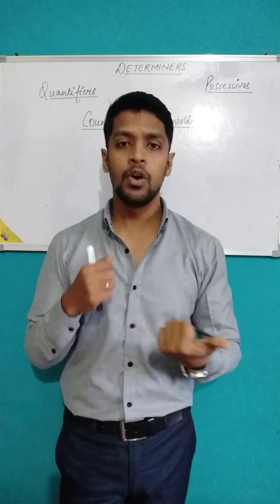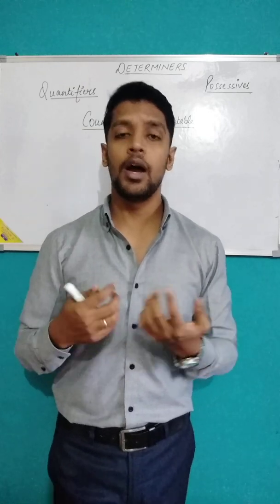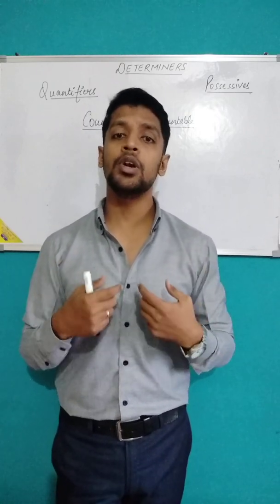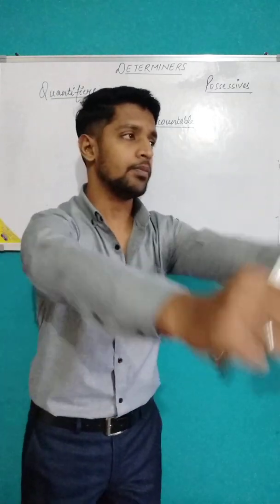Instead, they are measured, like liquid, or abstract nouns like feelings, emotions. I cannot say I am three happy or I am many happy. I am too much happy. So the things which we cannot count but we can measure come under the category of uncountable.